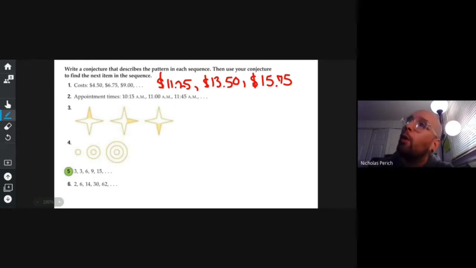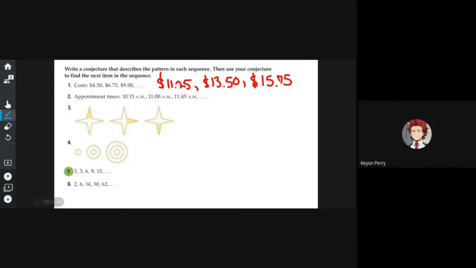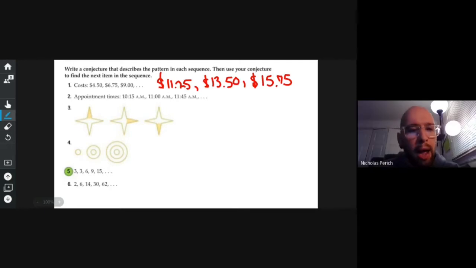What if you add 3 plus 3? What do you get? 6. And then what happens if you add 3 plus 6? 9. So what's the pattern? What's the conjecture that you can make about these problems?